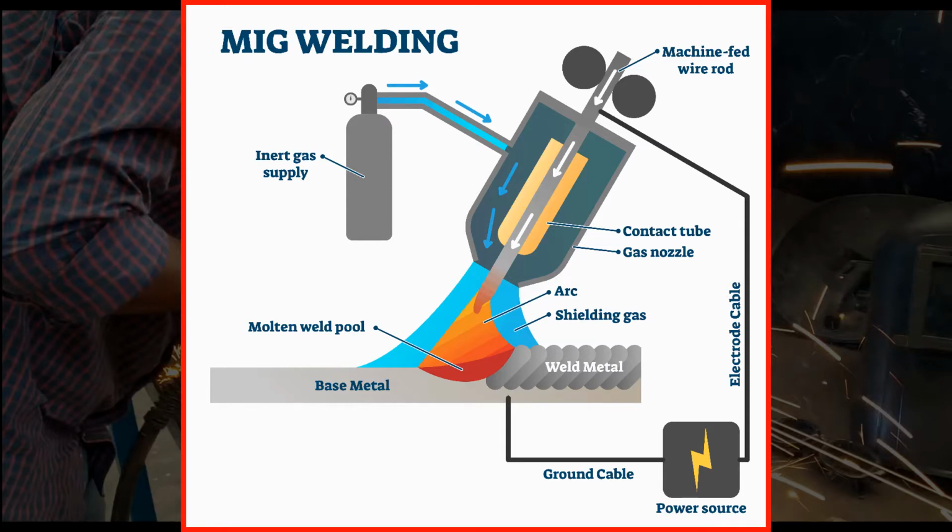As per our discussion, we need some power source. By connecting our electrode and our work or base metal with a power source, we can generate the arc, and then heat is generated, and due to this heat we can perform our welding process.